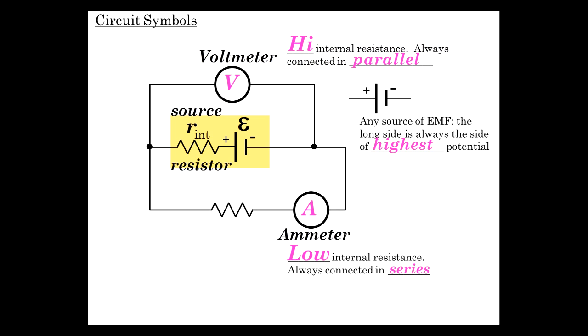It's always connected in parallel because you're not running current through it. You're measuring potential difference, not current flow. And you don't want this to be an actual path for current to flow. Generally speaking, there'll be a tiny microamp or nanoamp or picoamp trickle in order to actually take the measurement, but as low as possible.